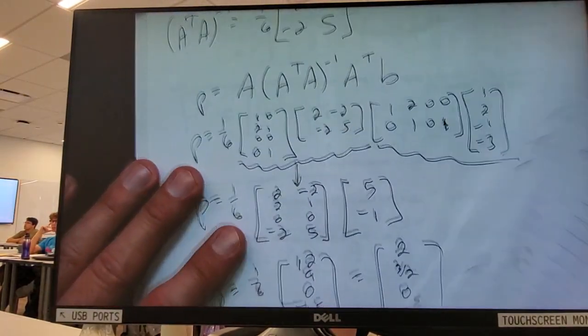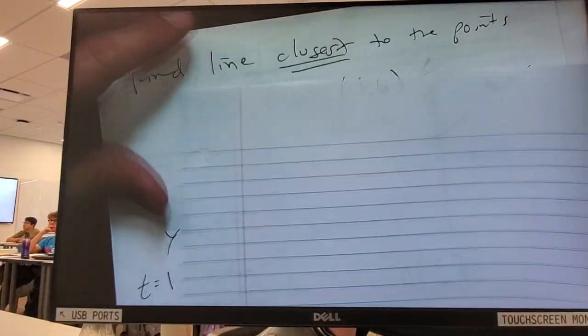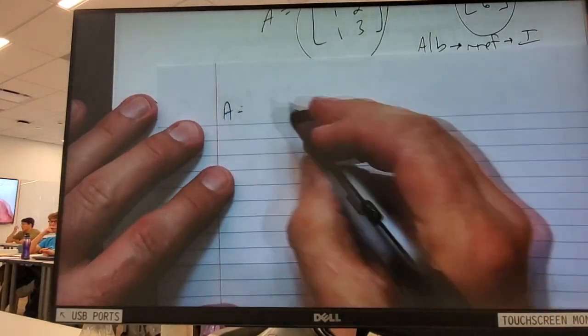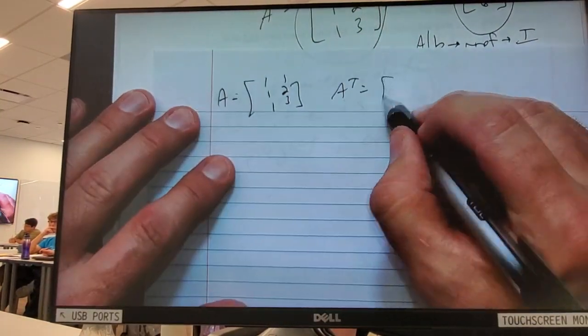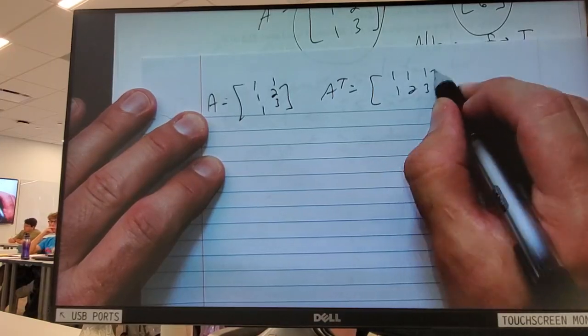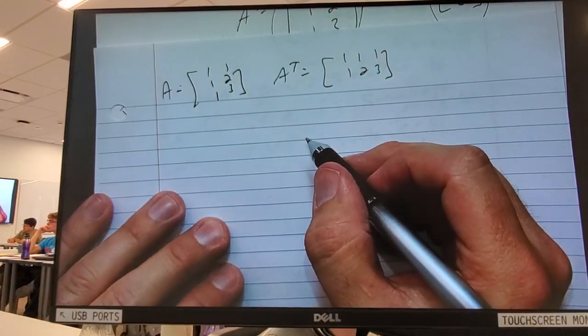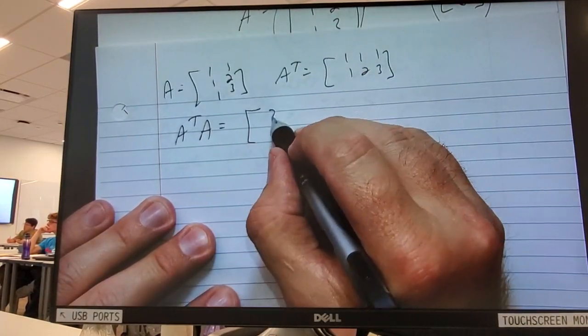So we have our A, we have our B. Now I just need A transpose. Let me rewrite what A is: 1, 1, 1, 1, 2, 3. A transpose. I'm going to do this a little bit because you've already gone through this method once, but I want to get to the answer so we can see. Here we go, A transpose A. I, past Jeff, got this.